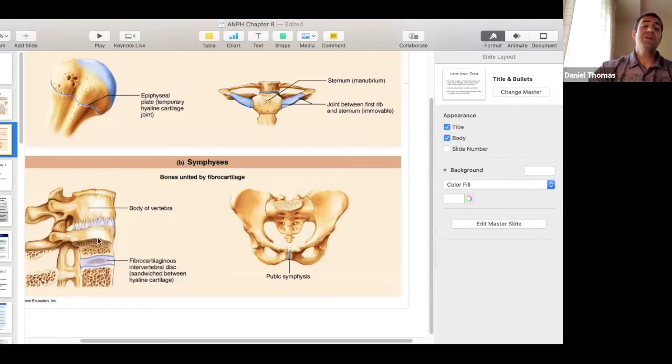Now, what connects the vertebrae are fibrocartilaginous discs called intervertebral discs.